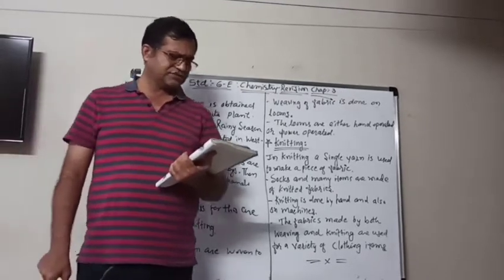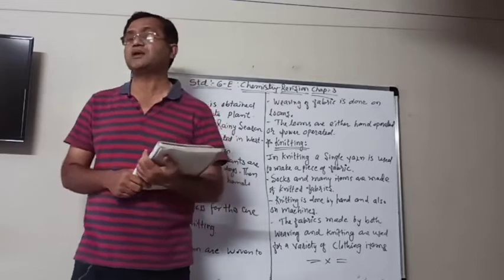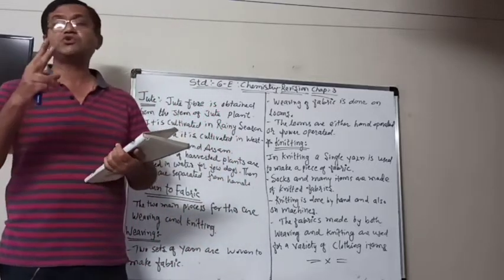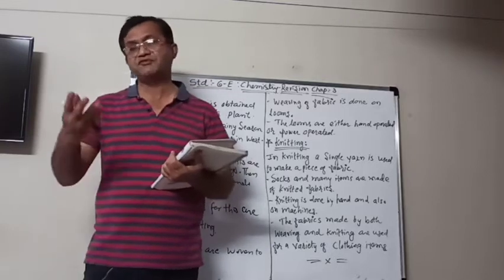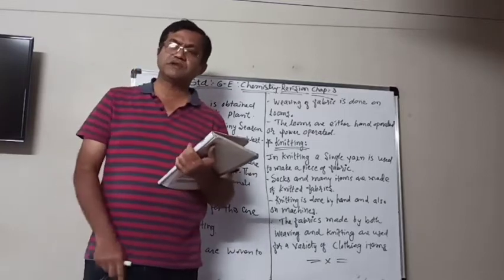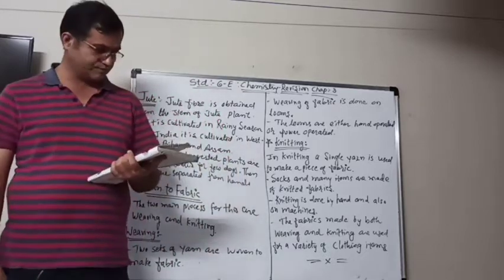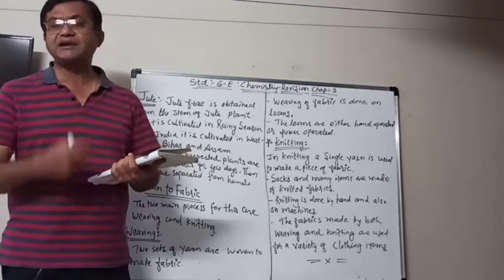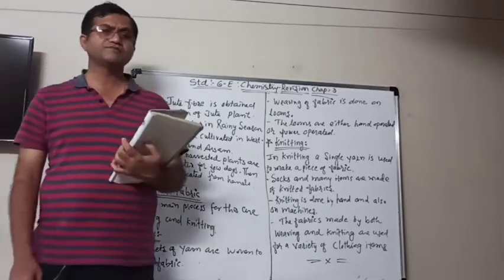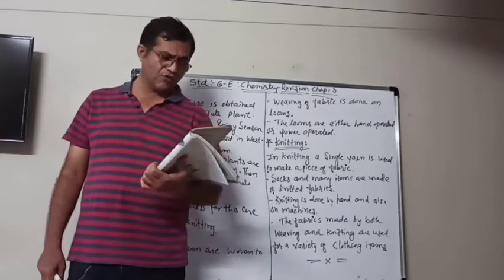So weaving of the yarn is also done with two sets of yarn, maybe the same color or different color, depending on which type of fabric we are going to make. So two sets of yarn are needed for making fabric by weaving.